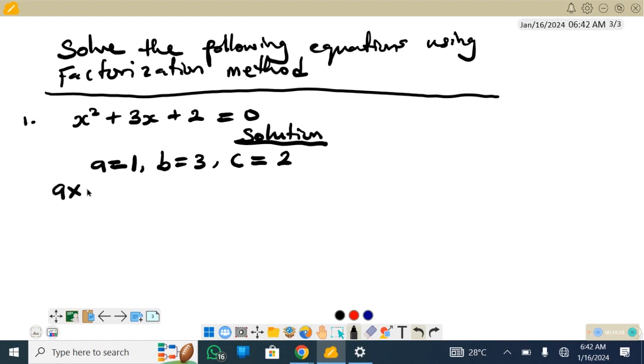So A times C will give you 1 times 2, which will give you 2. And we need to find the factors of this 2 that when I add them, I will have 3. Fortunately for us, the two numbers that multiply to give 2, when I add them, I will get my 3.